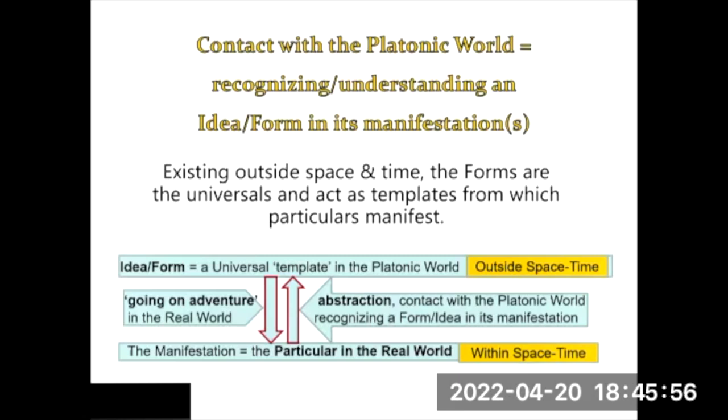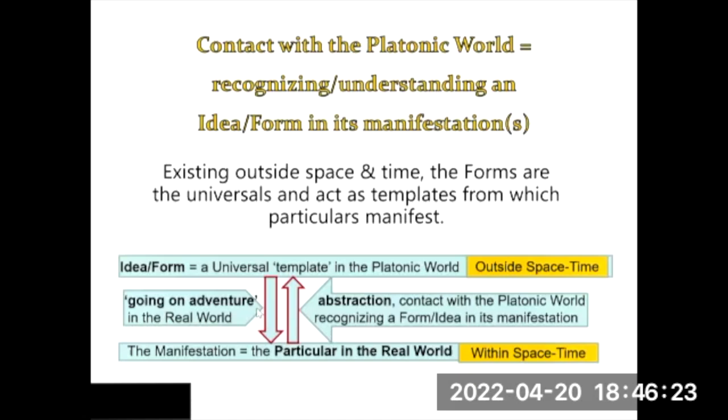So I'd like to start with the Platonic ideas, because they give some kind of structure in our experiences. I have these two processes. You have the Platonic value of a Platonic idea that goes on adventure in the real world.